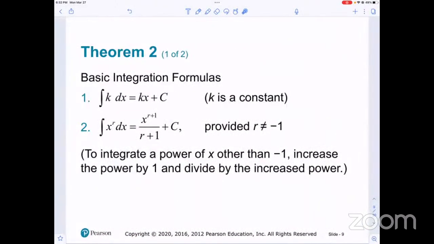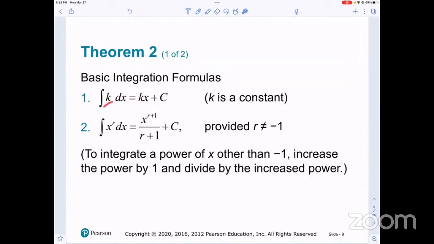All right. So, basic integration formulas. These are some of the techniques. Whenever we integrate a constant, the integral of a constant is just going to be a constant times x plus c, that is k times x plus c. Because when you take the derivative of, say, 3x, it's just going to be 3.